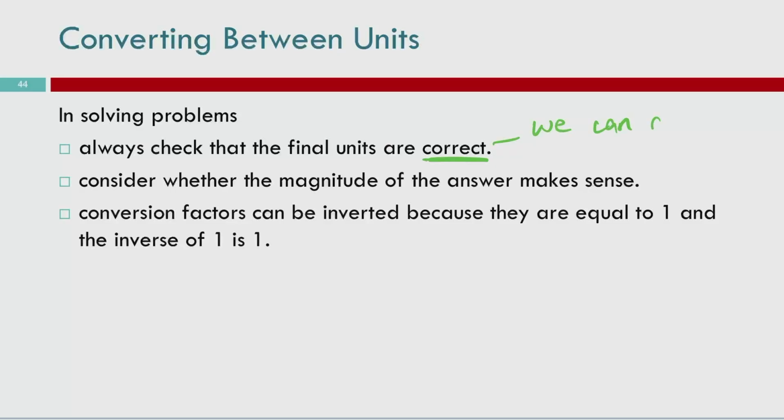And if you set up a solution map, if you set up your calculation, we can check that our units cancel out before we put anything into our calculator, which is one helpful thing of writing everything out.